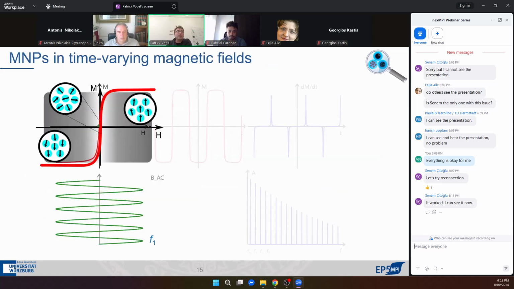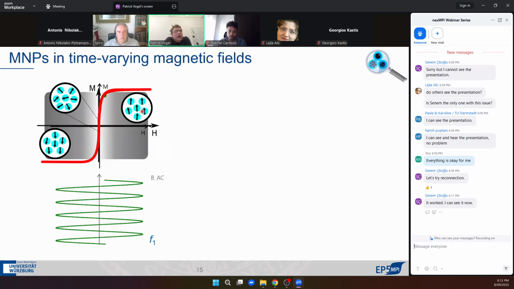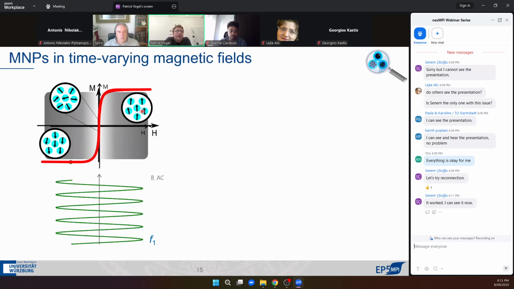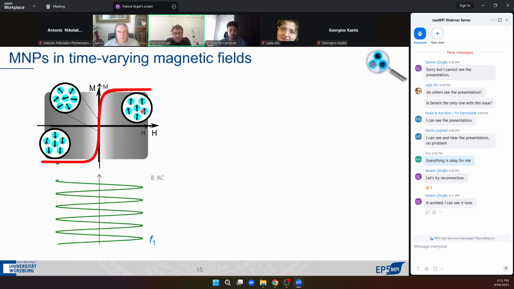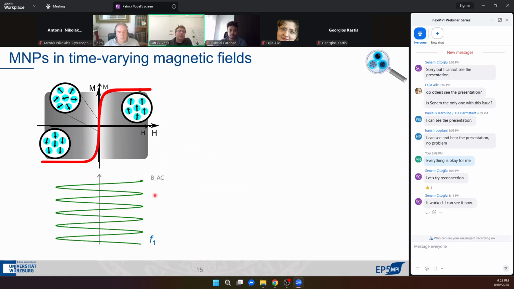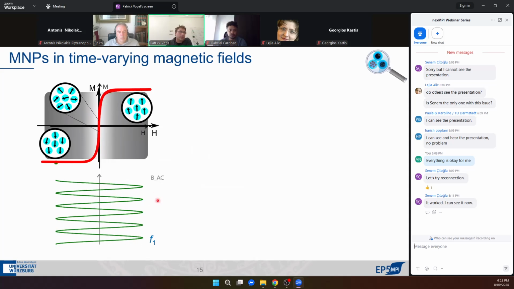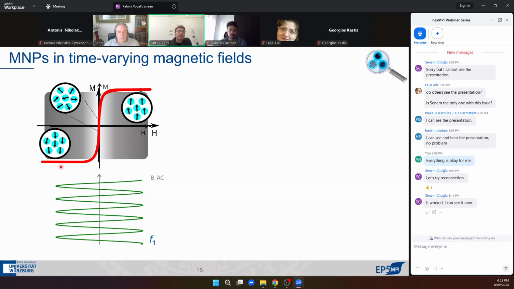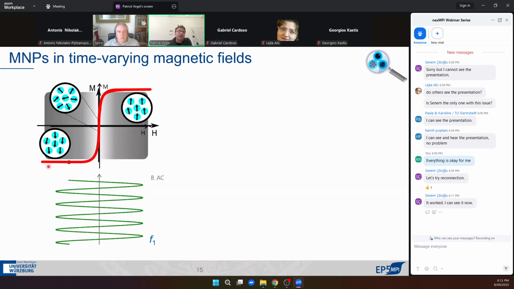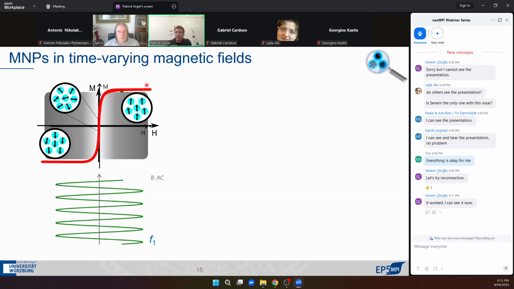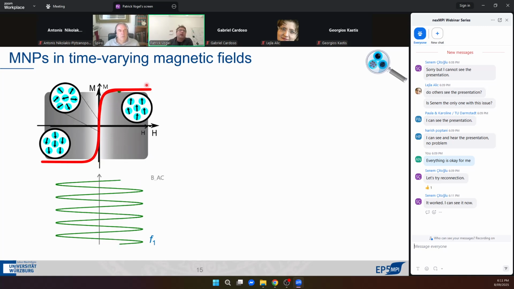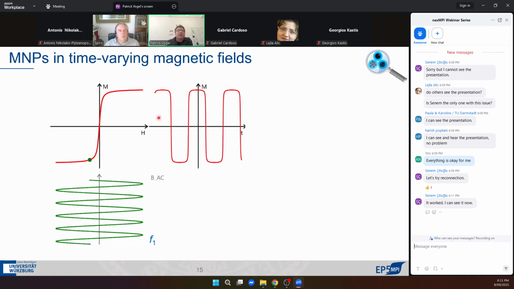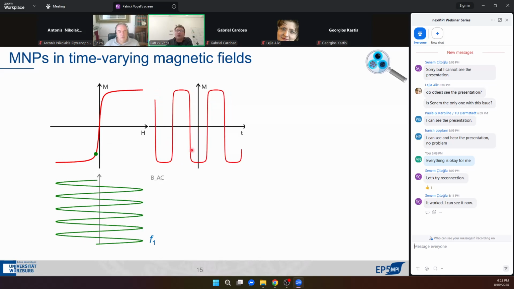How can we do that? When you apply an external sinusoidal magnetic field with a given frequency, and this field provides an amplitude strong enough that the magnetization of the ensemble can reach the saturation magnetization, as you can see here, then we can track the magnetization over time.